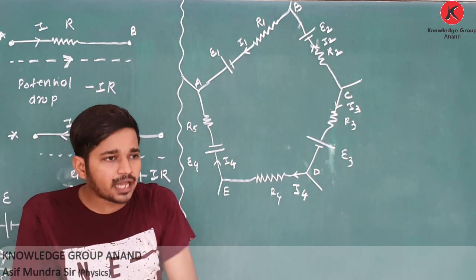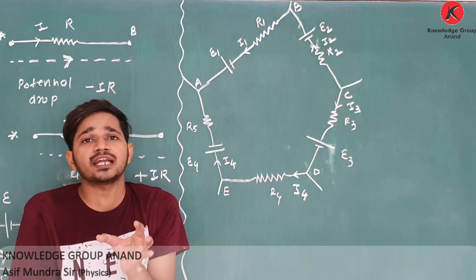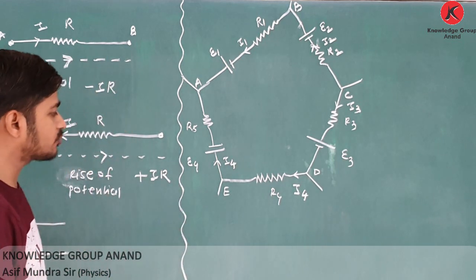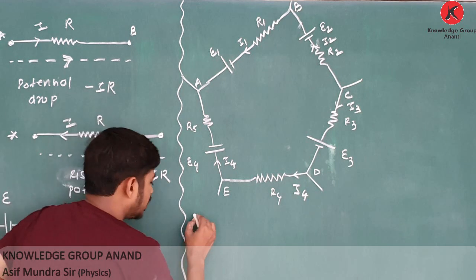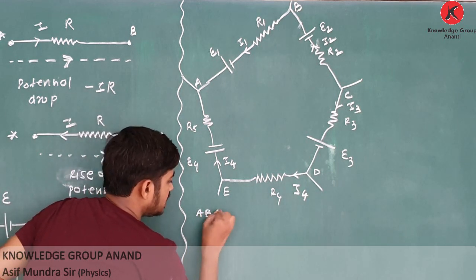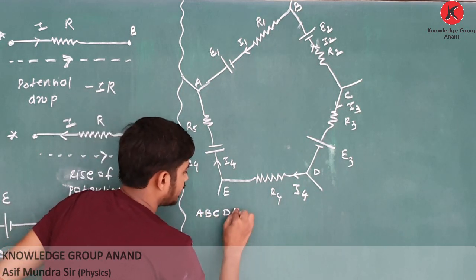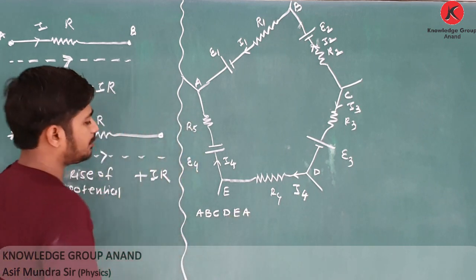Now how to apply? First of all we have to select one loop, and I am selecting one loop like this. Take care about this. See, one loop A, B, C, D, E, and A. I am taking this closed loop.